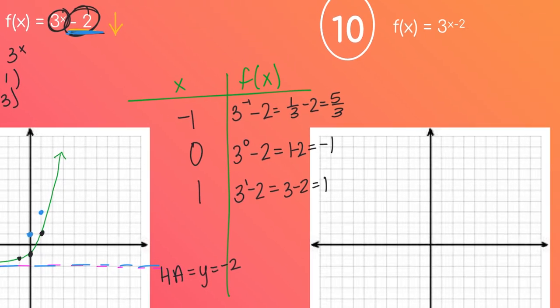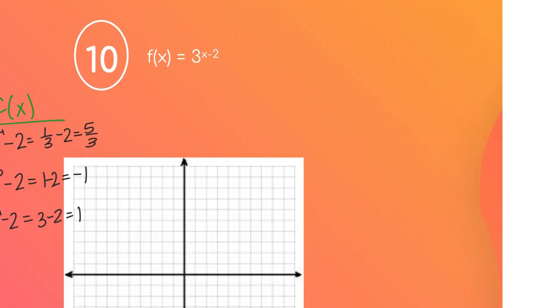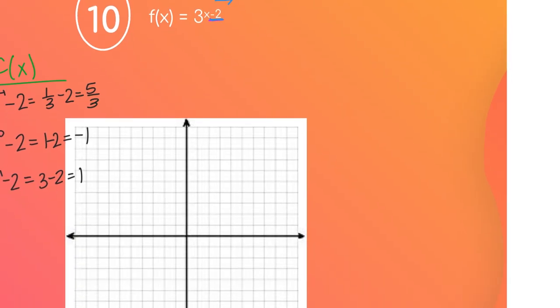All right, let's go ahead and do example number 10. Same thing, but now looking at my exponent, I'm subtracting 2. So I'm shifting horizontally 2 units to the right. Again, we know that parent function had points (0, 1) and (1, 3).